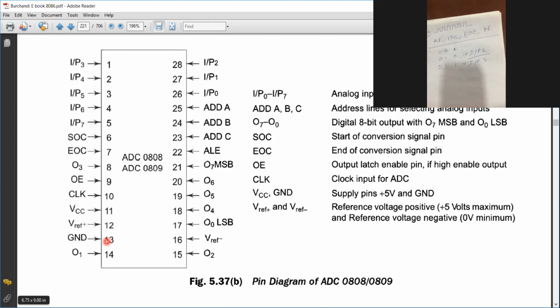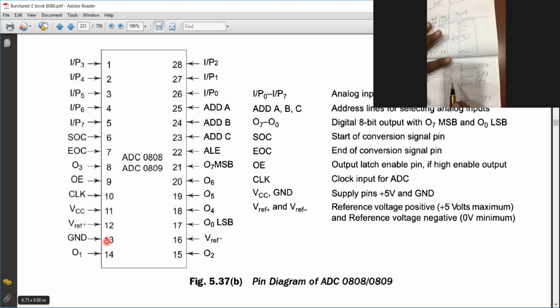If I'm talking about the sensor, there is an internal buffer.